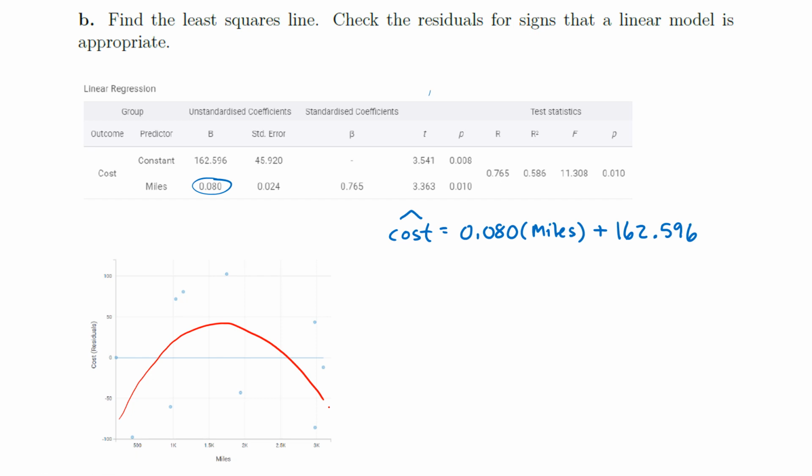Well, that means that maybe a curve besides a line would better fit this data. Okay, so we'll just make a note here that there's somewhat of a pattern. Pattern indicates a linear model might not be the very best model.